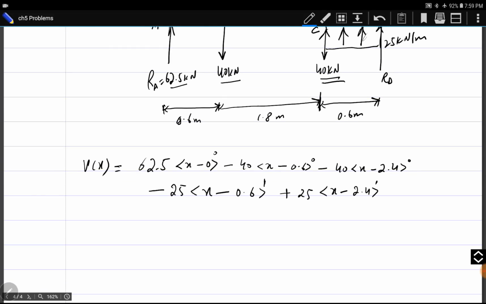Okay, the first term is x minus 0 power 0. So x minus 0 is x, and x power 0 will be 1.